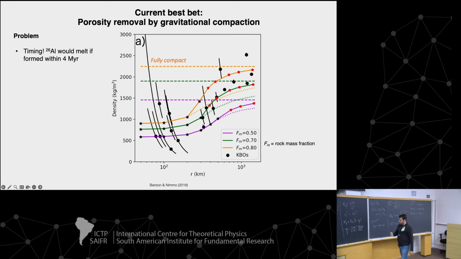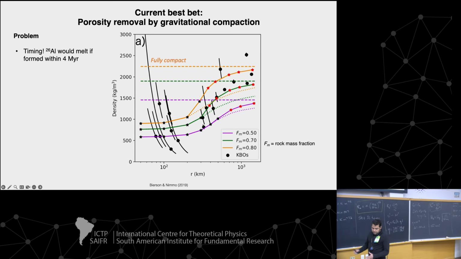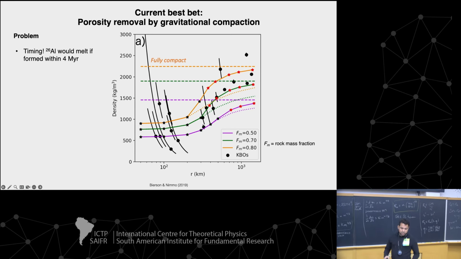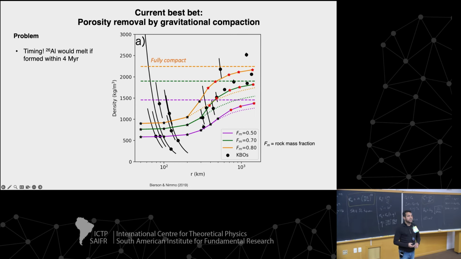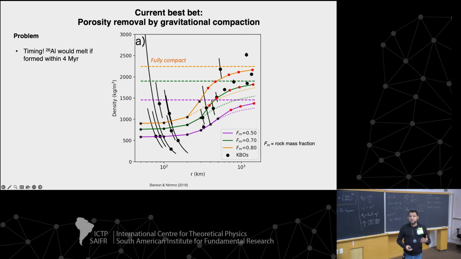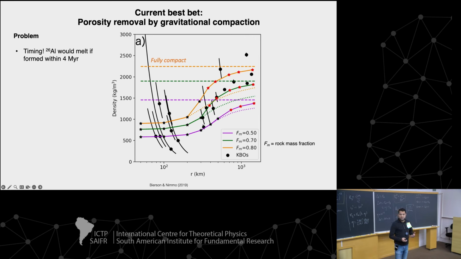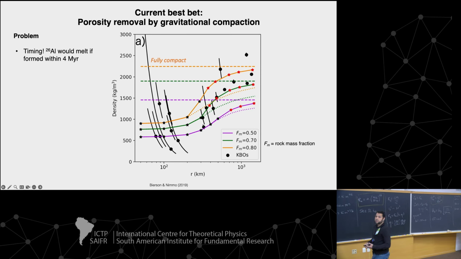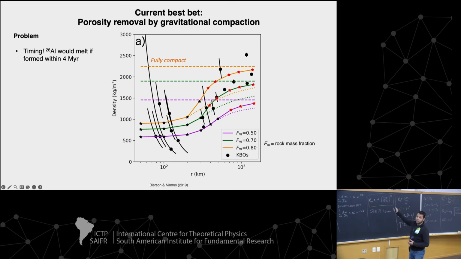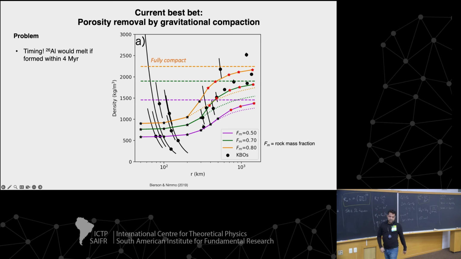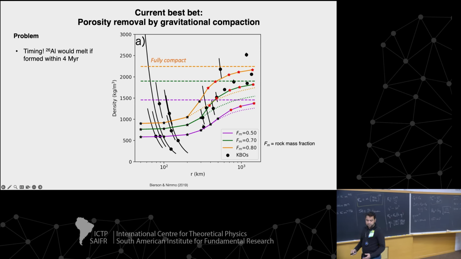There is a problem, though, which I'm highlighting, which is that in the early solar system there was a lot of aluminum-26, which is a radioactive element. And there is a lot of energy that you can get from aluminum-26. Aluminum-26 binds to silicate, so any object that is rock-rich would be very rich also in aluminum-26. If you form these objects early on, that amount of aluminum-26 would be enough to melt them.